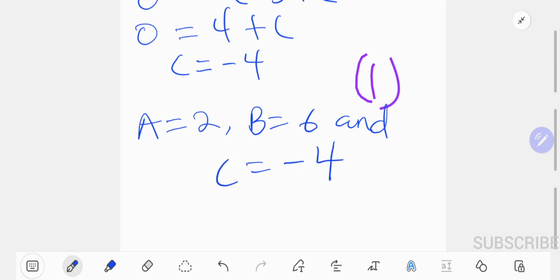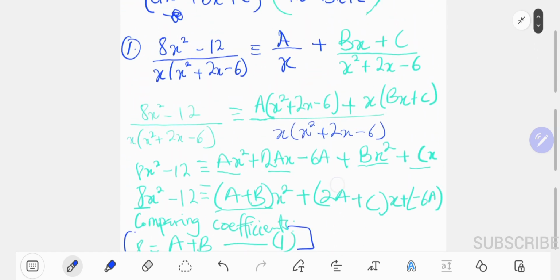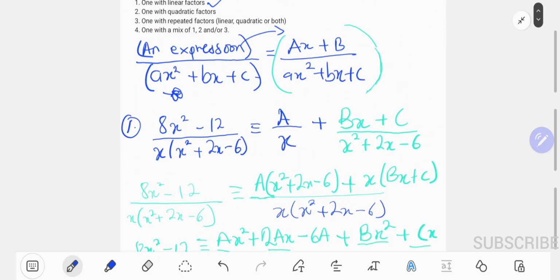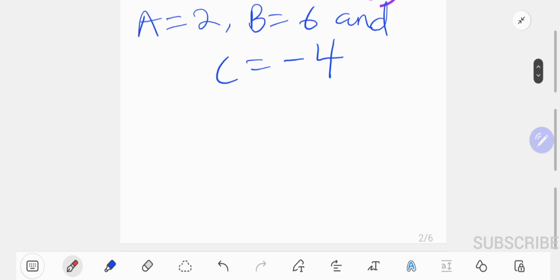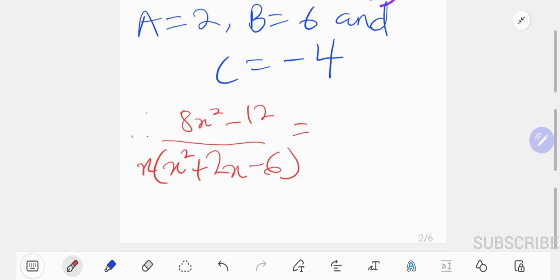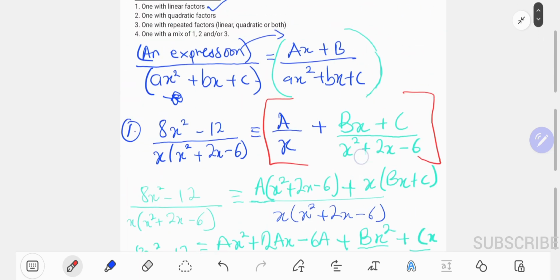So at this point, what we are going to do is just a substitution into the form of our partial fraction, which is this expression right here. So for our final answer, therefore, 8x squared minus 12 all over x times x squared plus 2x minus 6 will be equal to, the first term was a over x, and a was 2.